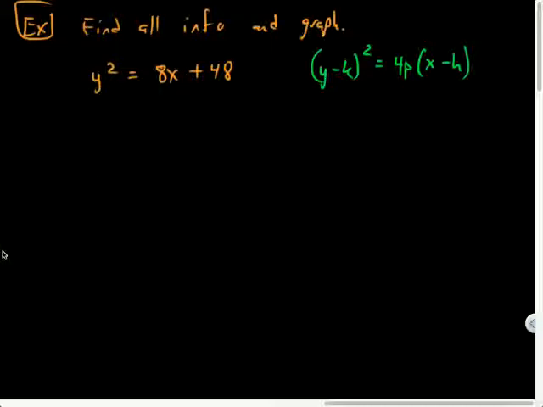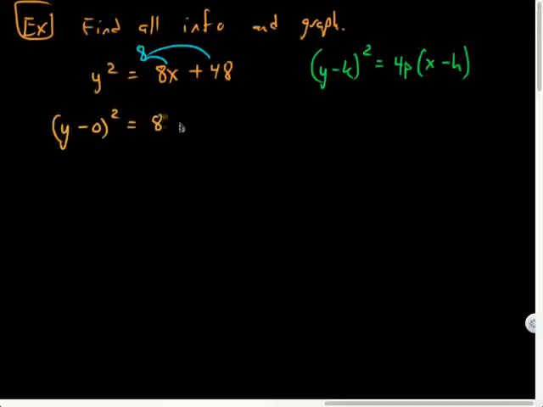So on the x side, it looks like I need to have x times something. And notice the leading coefficient here is always 1 on the x. So I'm going to factor that 8 out of it. And also for the y, I'm just going to be super redundant and unnecessary, and I'm going to rewrite that as y minus 0 squared.